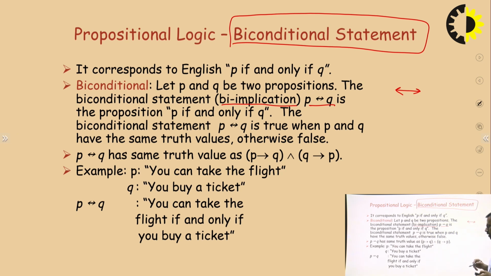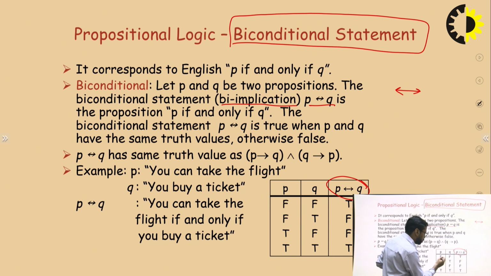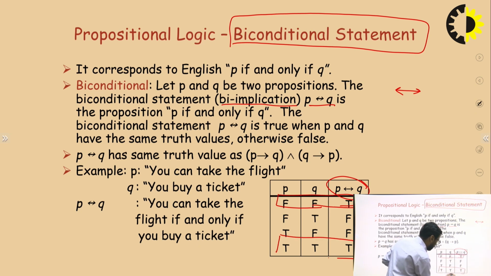In the truth table for two predicates P and Q, if the values of P and Q are the same, we find the truth value, otherwise we find the false value. This is the biconditional statement.